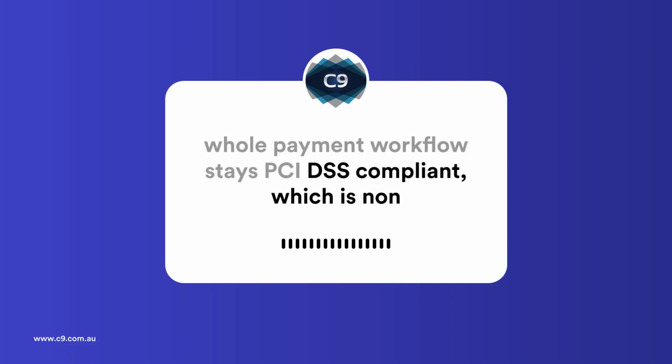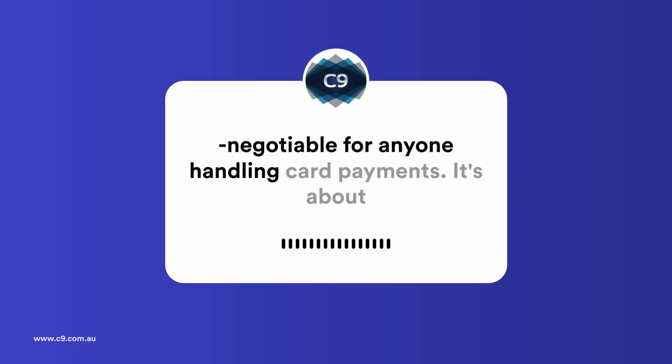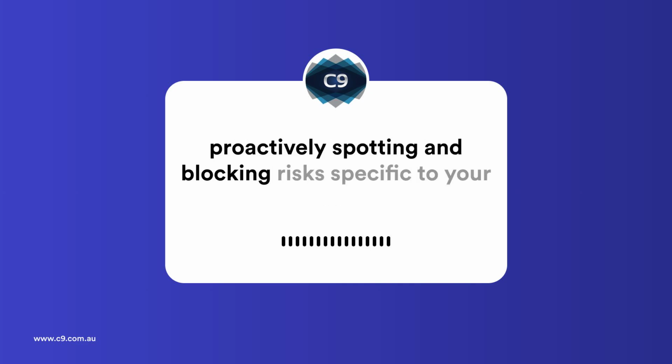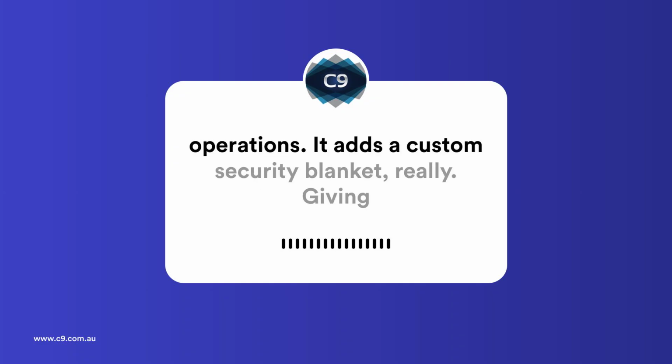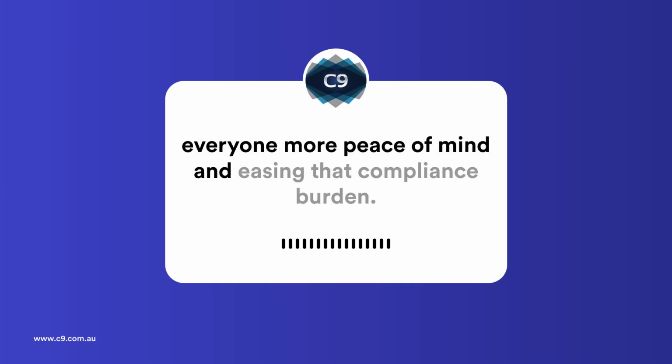And ensuring the whole payment workflow stays PCI DSS compliant, which is non-negotiable for anyone handling card payments. It's about proactively spotting and blocking risks specific to your operations. It adds a custom security blanket, really. Giving everyone more peace of mind and easing that compliance burden.